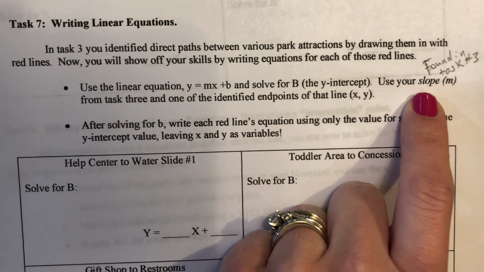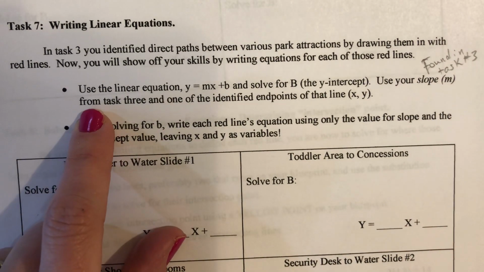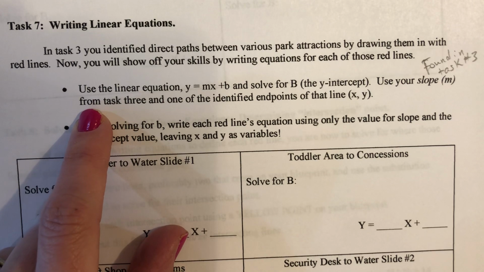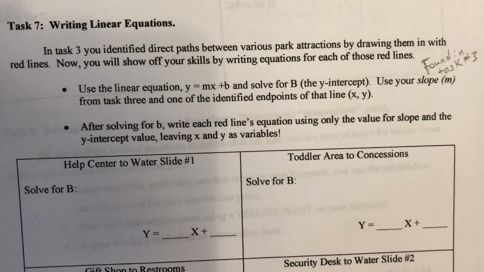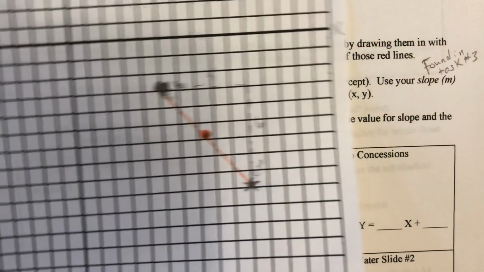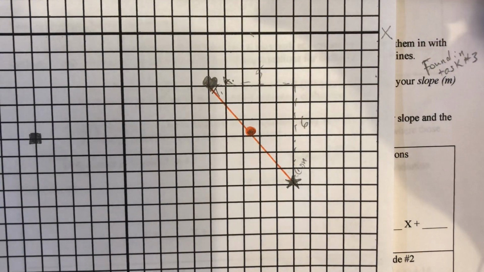And then, I didn't read enough because it says from task 3, so I should have kept reading. So from task 3, and one of the identified endpoints of that line, so x or y. When they talk about the endpoints, you're going to use one of the two ordered pairs. A line has two endpoints.